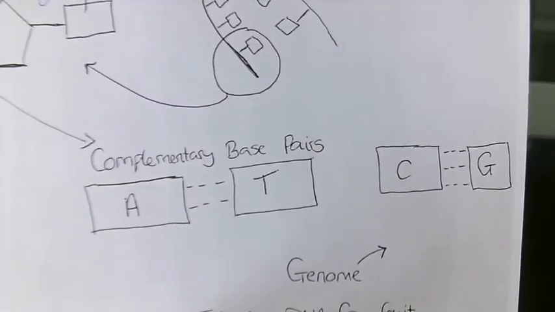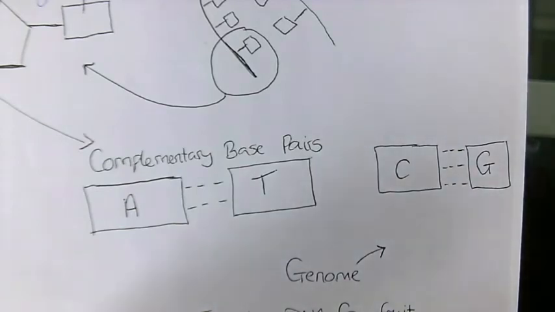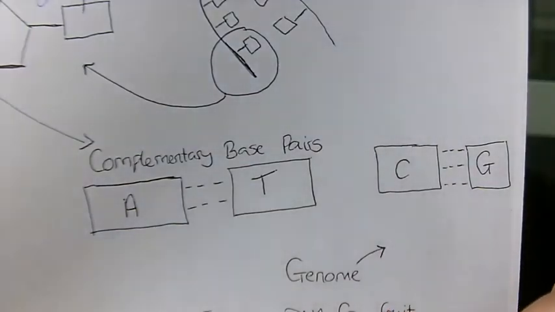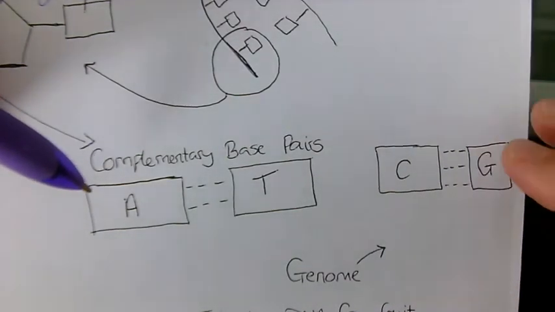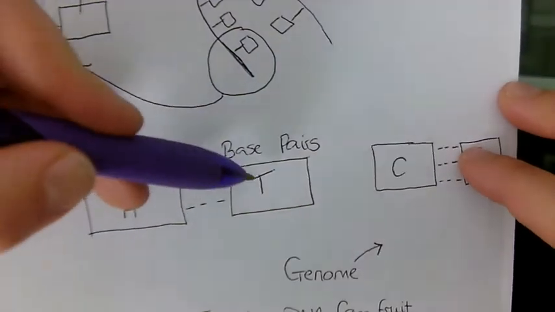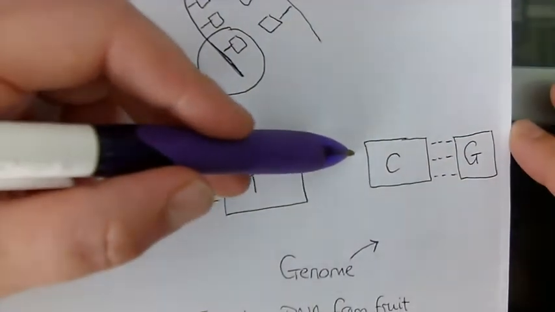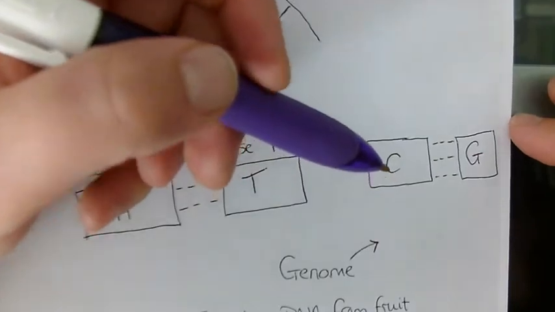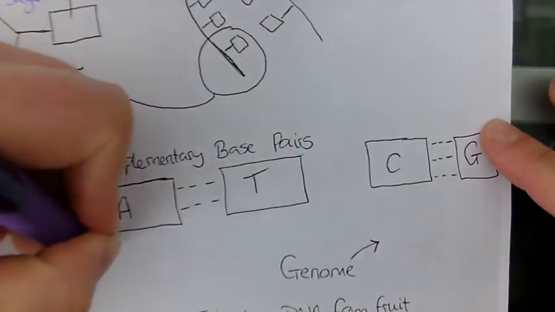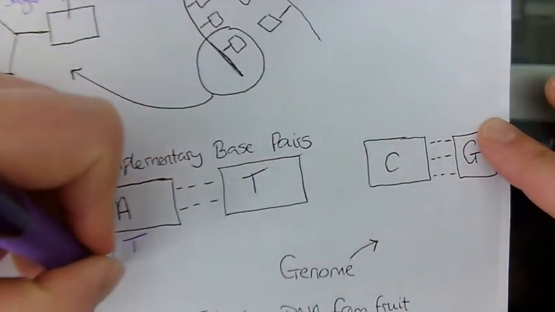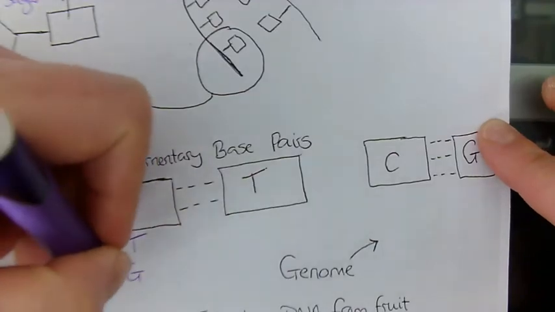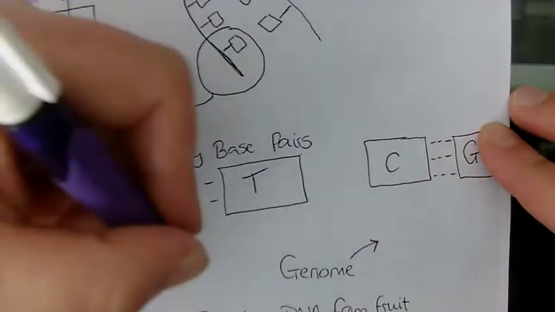So the DNA strand has base pairs. Specific bases go with specific bases. So A always goes with T and C always goes with G. So A and T, C and G always go together. They are complementary.